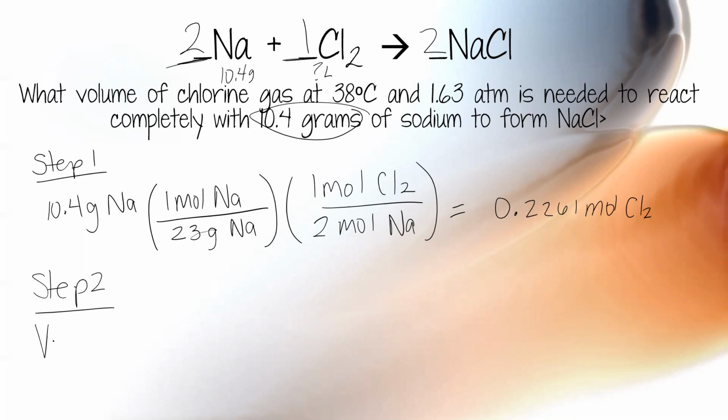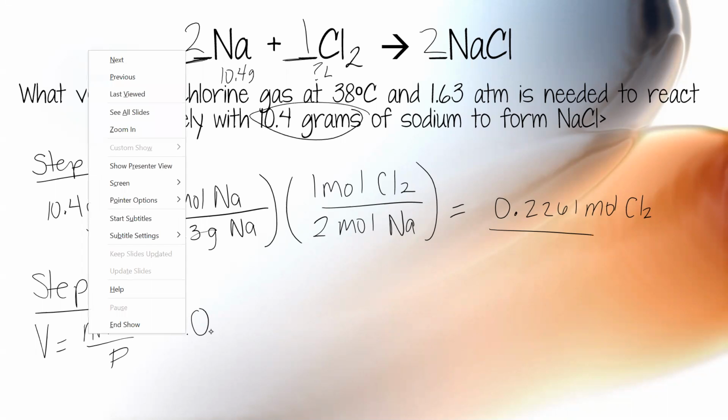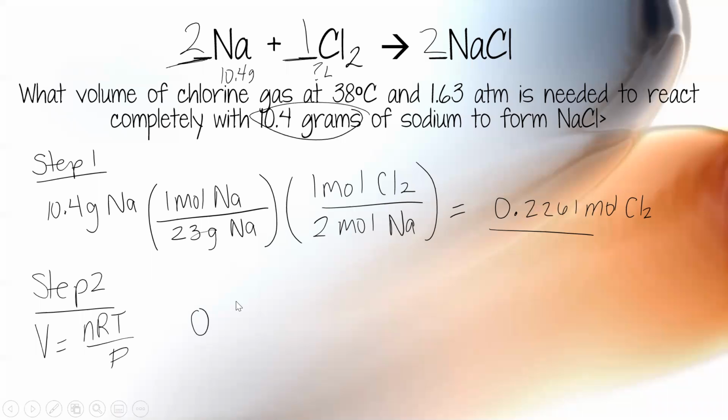Step 2, once again, I use V equals nRT over P. I'm solving for V. So n is right here. I just solved for it. That's why it's important you correctly solve for the first step. Times R, a constant, times T, which is 38 degrees Celsius.